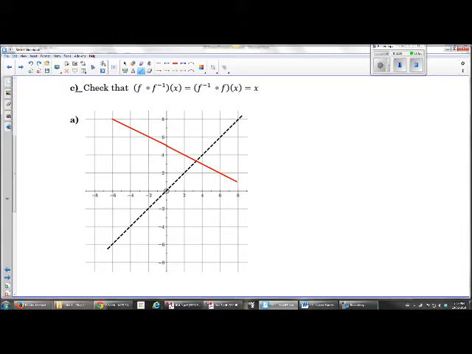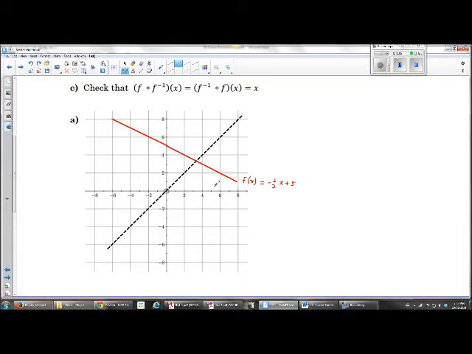Okay, so that is the function f, which is negative 1/2 x plus 5. Now, what we saw in the last slide was that the y-intercept of the function would be the x-intercept of the inverse function.